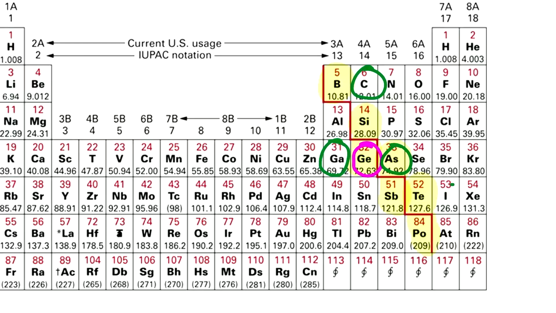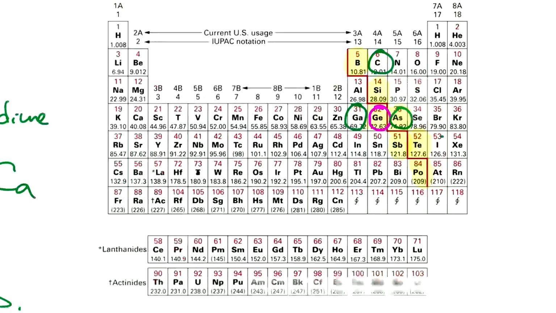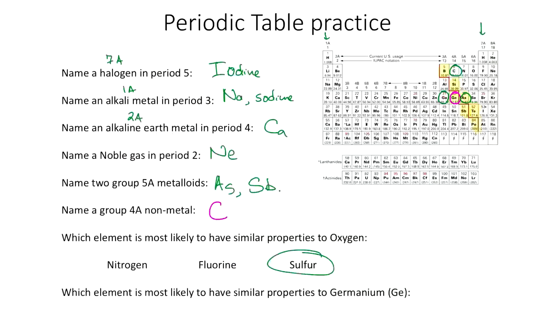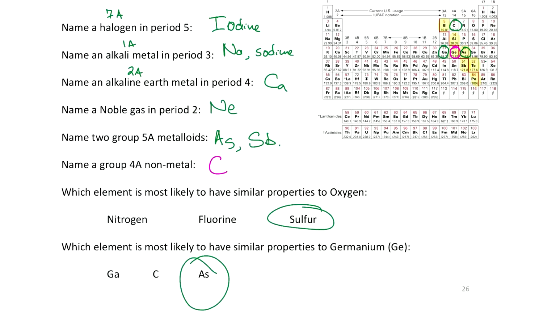So let's reconsider that answer. The correct answer is arsenic, because both of them are semimetals.